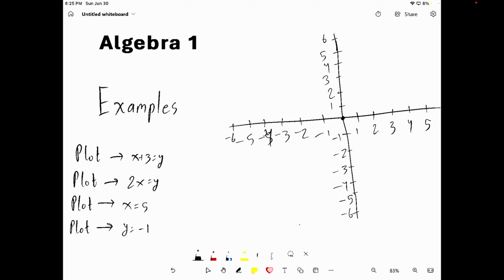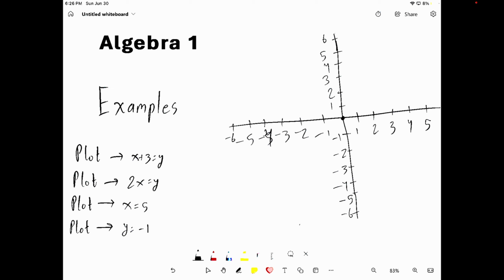So what we're going to do is substitute multiple values of x, so like x is equal to 0, x is equal to 1, and plot them on the coordinate plane and connect a line to draw the line. So let's start with x is equal to 0. y becomes 3. So on this line, x is equal to 0 because it's the origin.